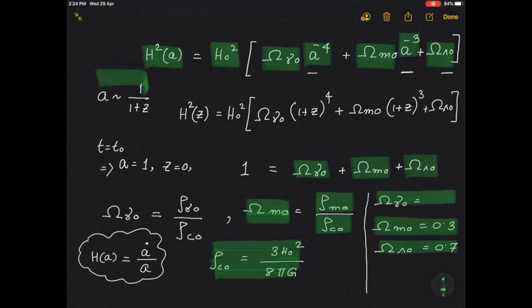The scale factor and the redshift. Remember, redshift is the observable. Scale factor comes from your theory. And they are related by this expression. We have assumed that at present, t equals t0, a is 1, and the redshift is obviously 0.